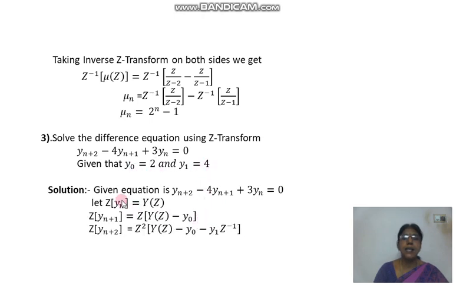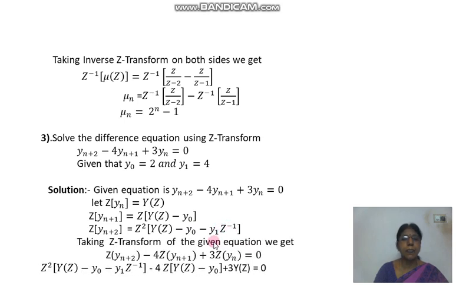Now, as usual in the previous problem, let Z of y_n be Y of z, Z of y_{n+1} is z into Y of z minus y_0, and Z of y_{n+2} is equal to z square Y of z minus y_0 minus y_1 z inverse. Okay, now take the Z transform on both sides of the given difference equation.